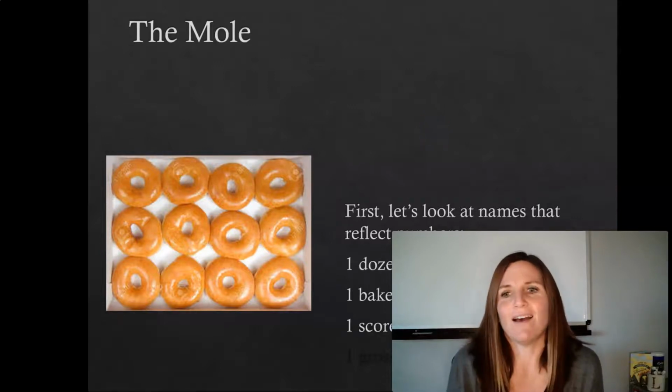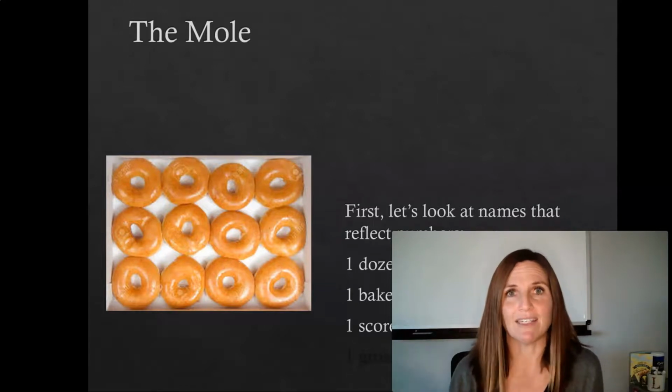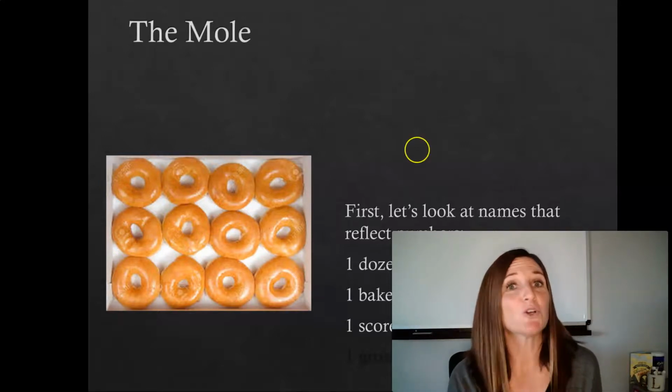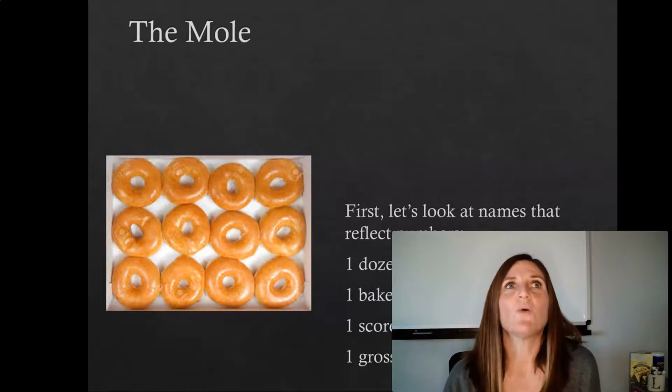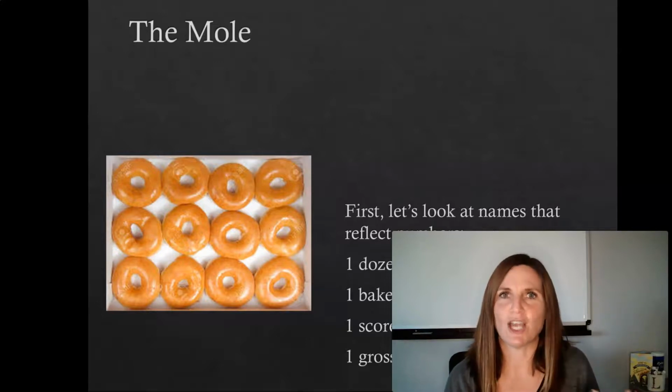In the week of the inauguration and in the week of political speeches, 4 score and 7 years ago would be 4 times 20 and 7, 87 years ago. You know who said that? Abraham Lincoln. Thank you. Okay, and a gross is another word that means a number, which is 144. So we have many words that reflect a number, and the mole is just like that.